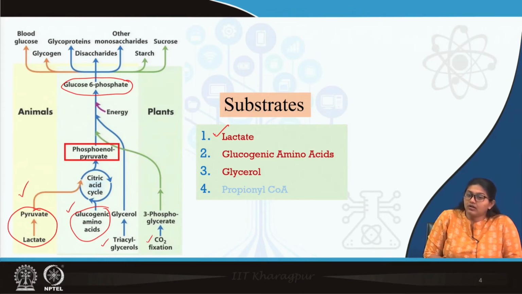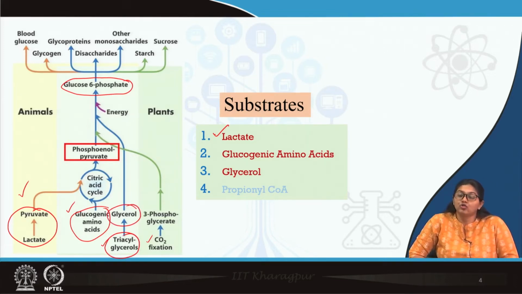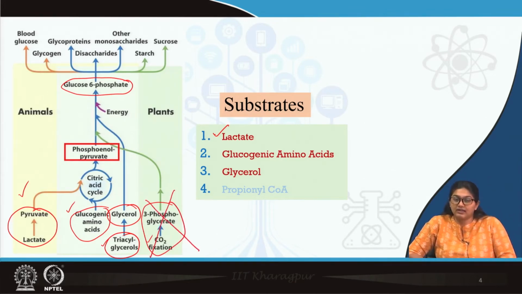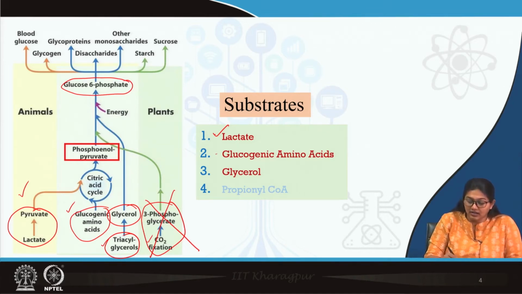Also, not the whole lipid molecule or fatty acid molecule, but triacylglycerol, by forming glycerol, can form glucose by entering neoglucogenesis. Now, CO2 fixation mostly does not happen in mammals. This is the pathway which occurs in plants. So, in animals, the substrates are lactate, glucogenic amino acids, glycerol, and also propionyl coenzyme A.